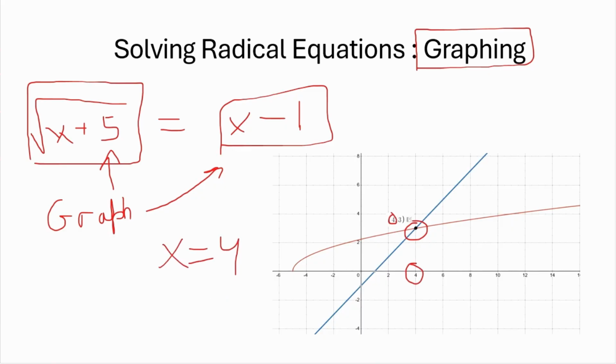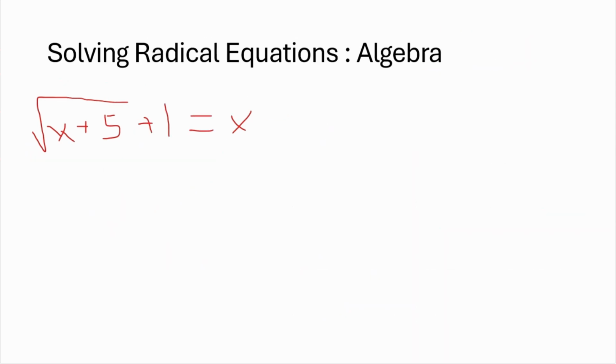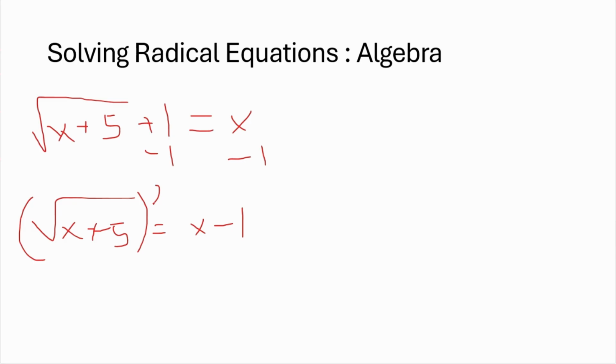That's it. Now, if you were to solve it algebraically, first you would isolate the radical. So we would subtract 1 from both sides. You get root x plus 5 equals x minus 1. Okay? And then you would square both sides to get rid of the radical.